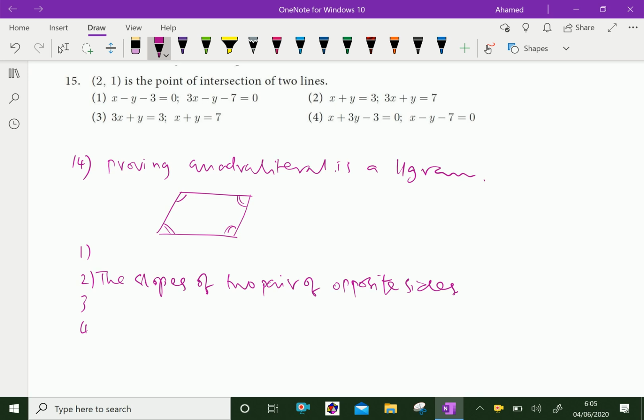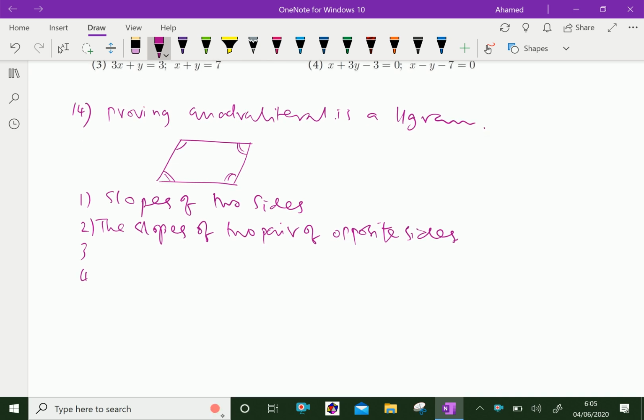We have to consider the slopes of two pairs of opposite sides. Option 1 is slopes of two sides. Then the third option is length of all sides.